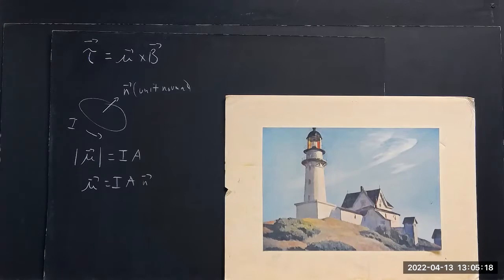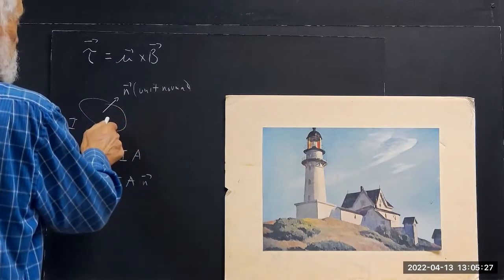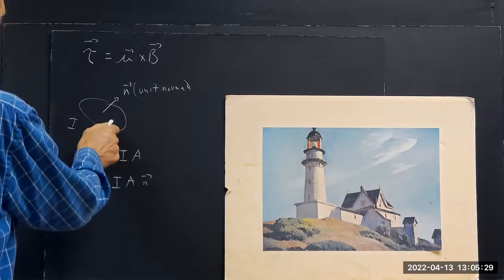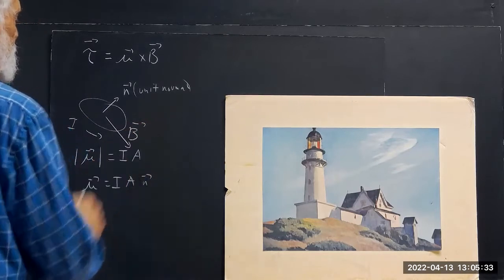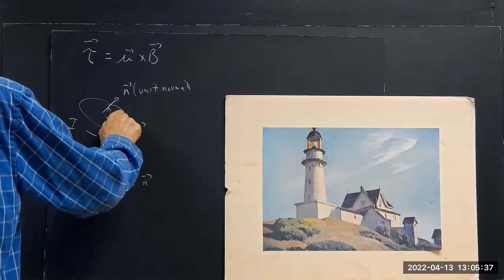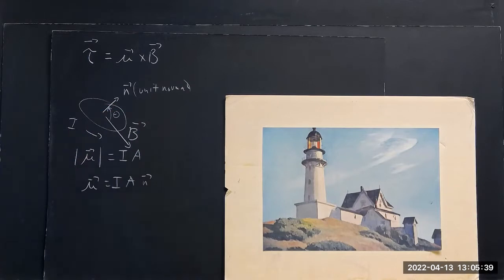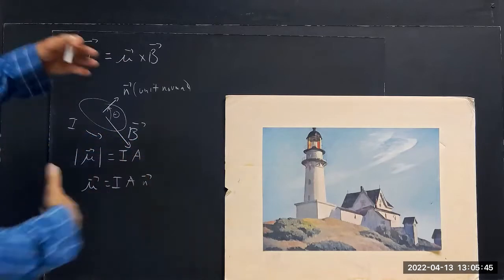This means that if you've got a magnetic field in whatever direction, so here's your magnetic field, maybe, where this is some angle theta, you do mu cross B, and you get your torque.